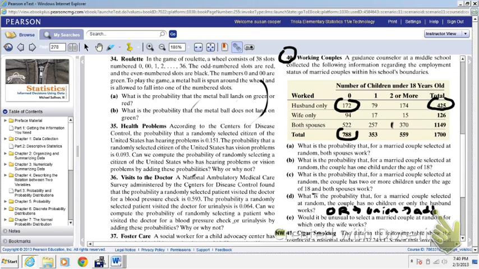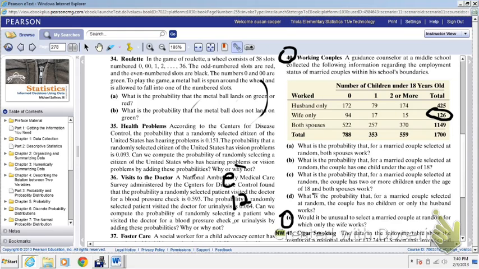Okay? And then last but not least, part E. And what does that say? Let's zoom in there. It says, would it be unusual, I like to erase all the strokes I had before, would it be unusual to select a married couple at random for which only the wife works? And again, they're throwing that word unusual at us. Okay, only the wife working, that's 126.